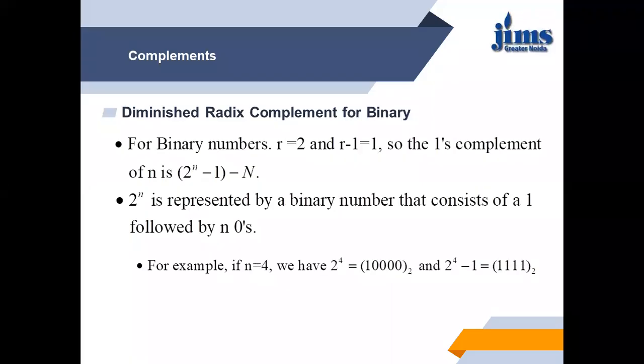For example, if n equals 4, then 2 raised to power 4 is 32, and 32 is represented by 1 followed by 4 zeros. Then 2 raised to power 4 minus 1 will be 1, 1, 1, 1. In the case of the nines complement, it was a sequence of n nines. In the case of the ones complement, it will be a sequence of n ones. So we have to subtract this number n from the sequence of ones.